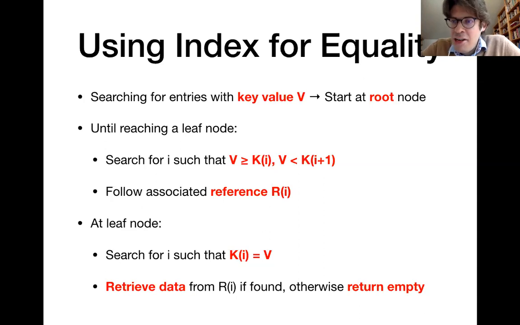And until I reach one of the leaf nodes, I essentially, for each node, identify the right key value range that the entry I'm looking for must be contained in. Then I follow the corresponding reference to the next index node, and so on until I reach one of the leaf nodes. And at the leaf node, I see whether an entry exists for the corresponding key. And if I find such an entry, then I follow the record ID in order to retrieve the associated data.